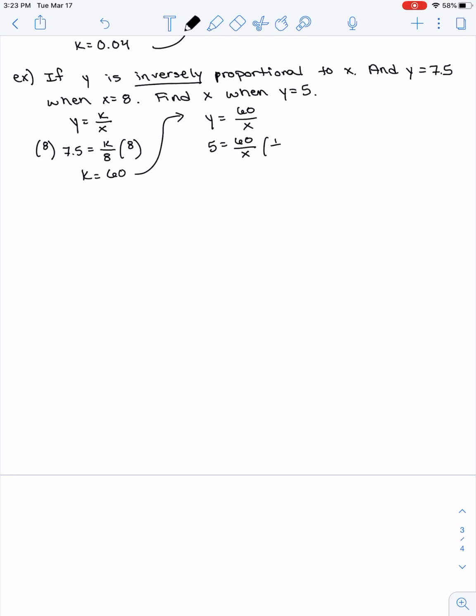If I divide both sides by 60, I get that 5 over 60 equals 1 over x. So I'm going to have to then do the inverse. So I can say 60 over 5 is equal to x over 1, or just x, and that is equal to 12.